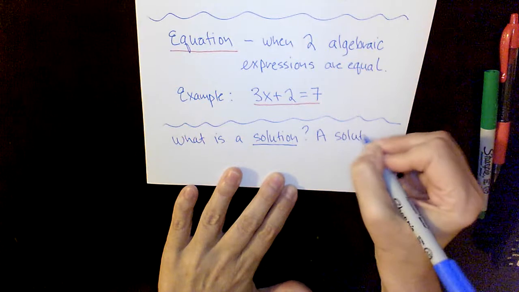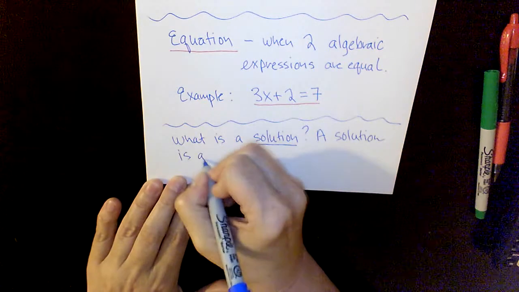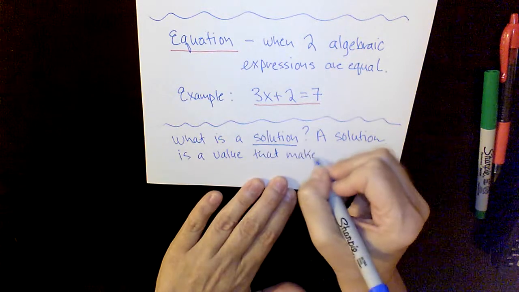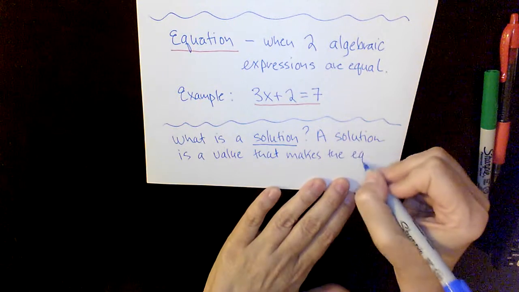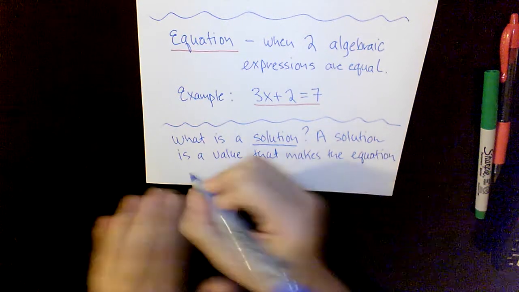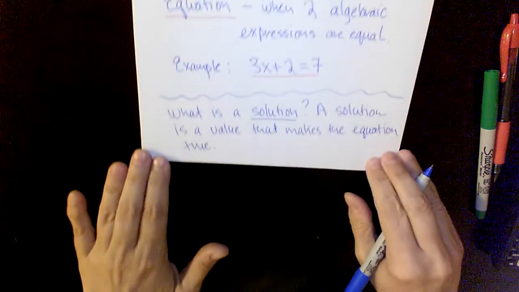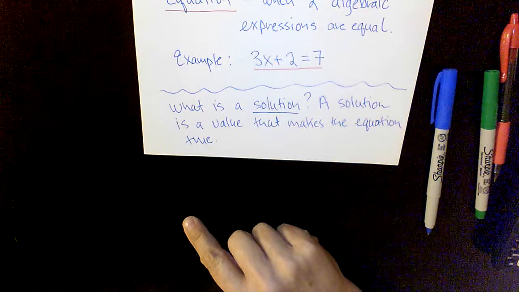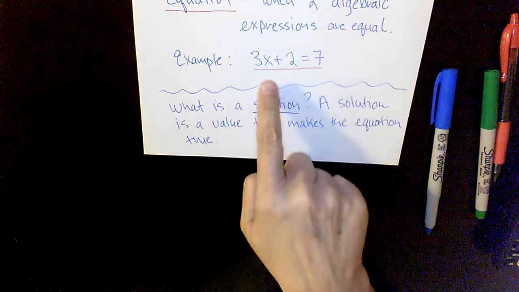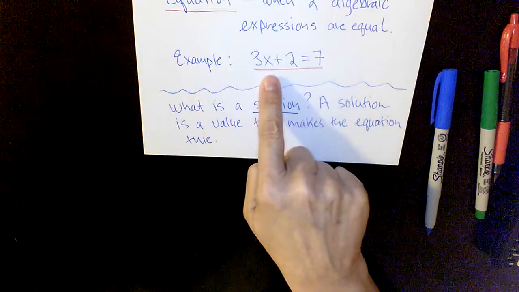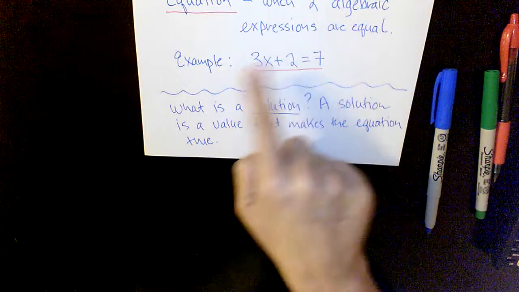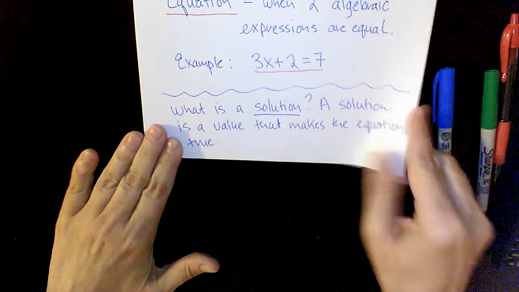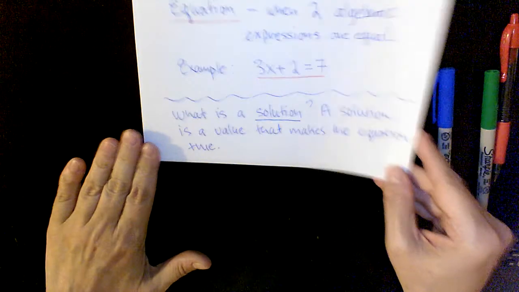So a solution is a value that makes the equation true. Okay, so a solution is a value that makes the equation true. So if we wanted to solve something like this, whatever x is that makes this a true equation, that's a solution. So let me do an example for you to make sure that you got that. Okay?